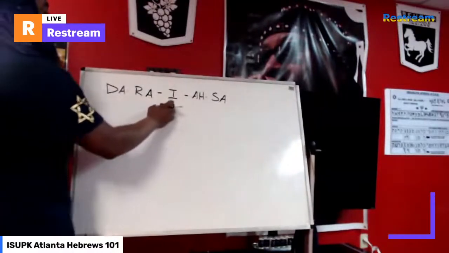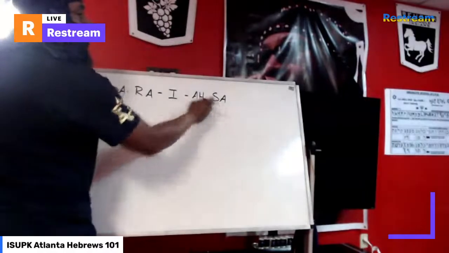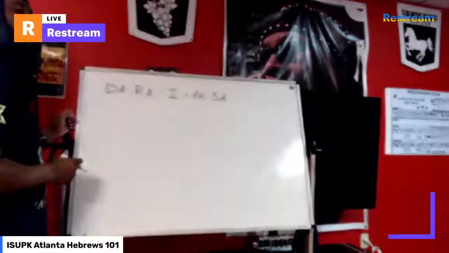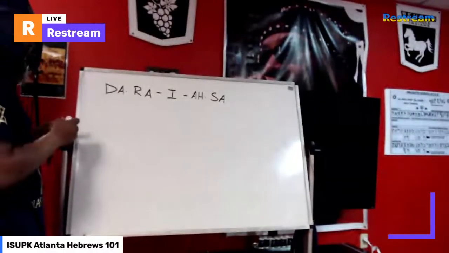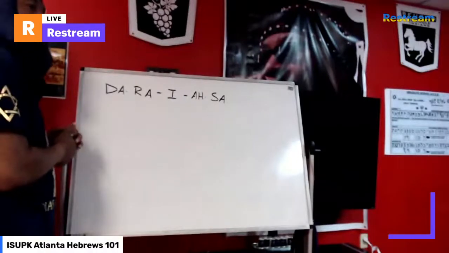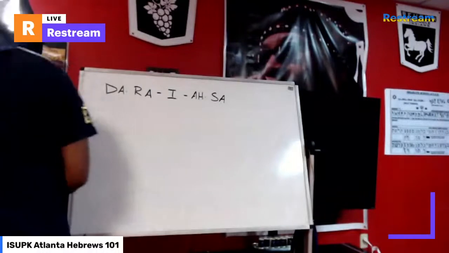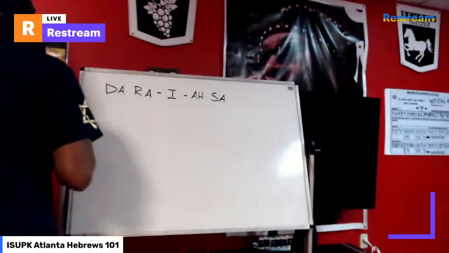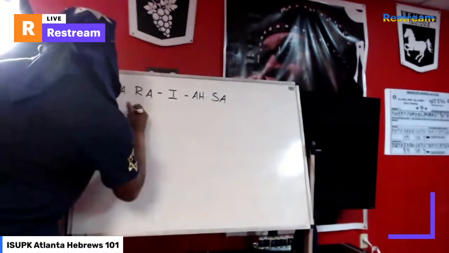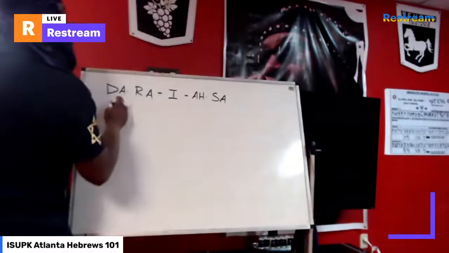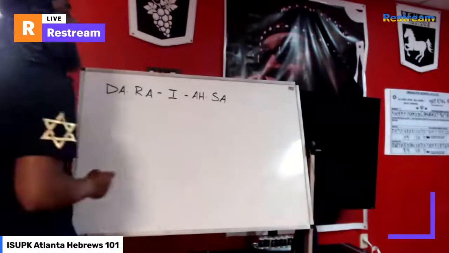Da, ra, I, and sa. Darius, yes. Dara, Ias.